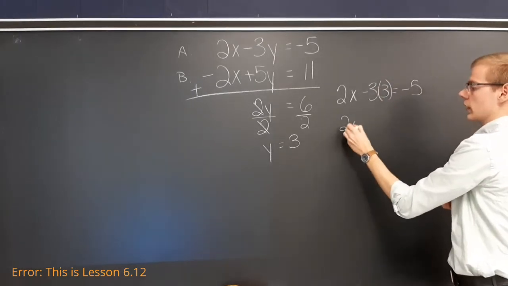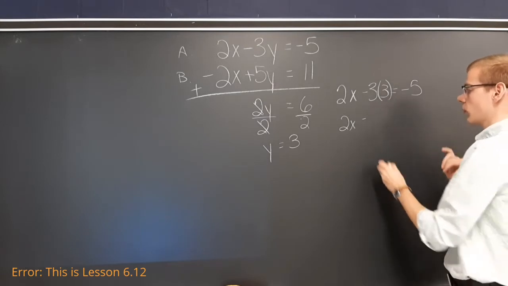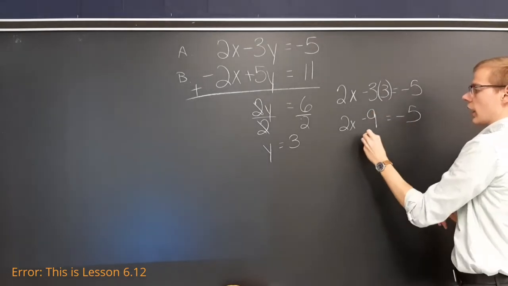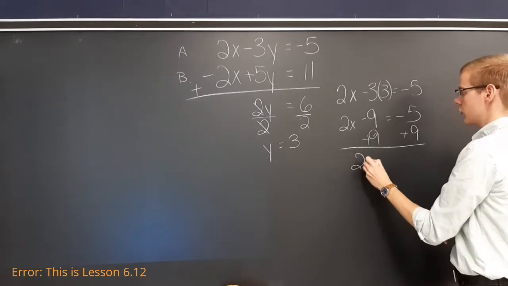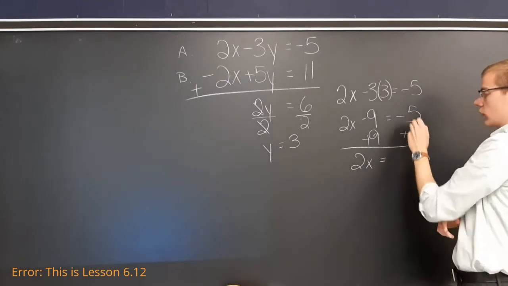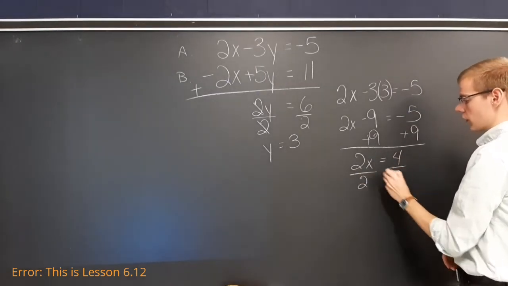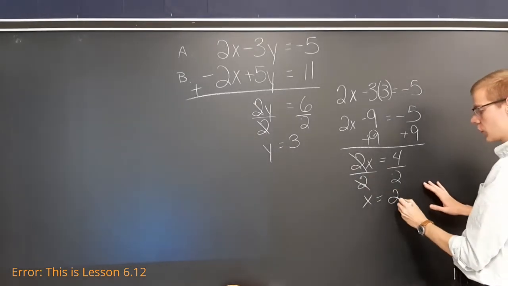So 2x minus 3 multiplied by 3 is 9, so minus 9 equals negative 5. Add 9 to both sides. 2x equals negative 5 plus 9, which is 4. 4 divided by 2, x equals 2.